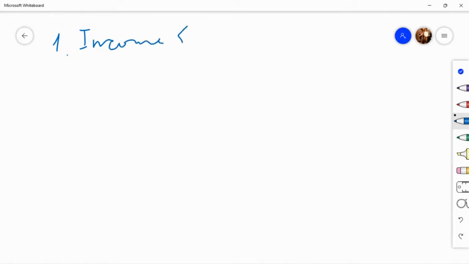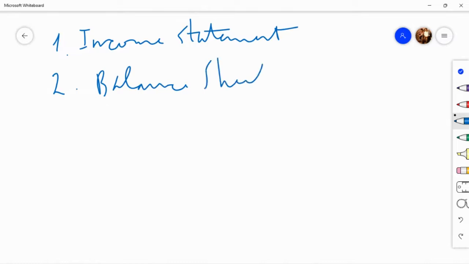So let me just start anew. We did everything about the financial statements in our last class. We did everything about the income statement, and then the balance sheet, and we haven't done cash flow analysis yet.